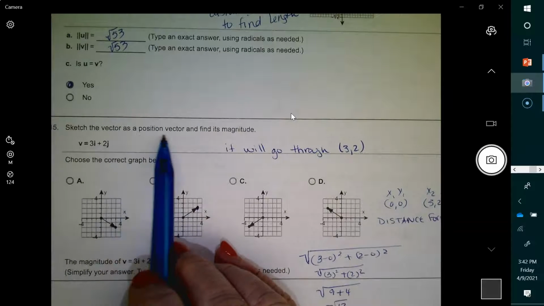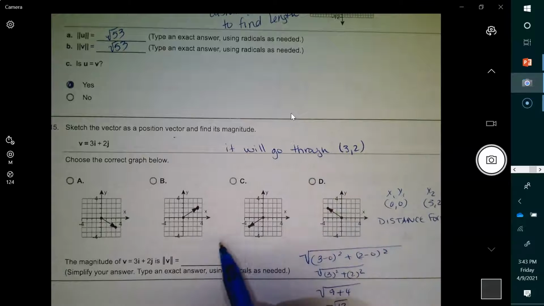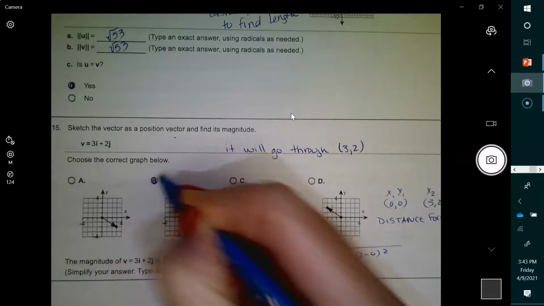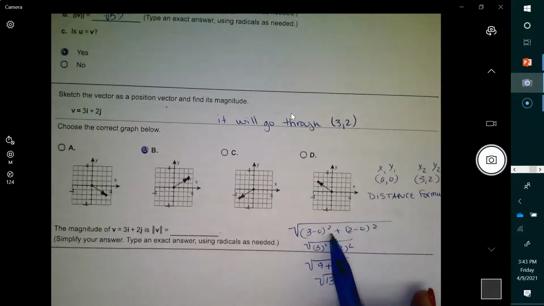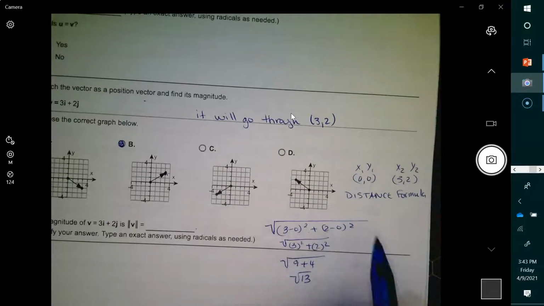Sketch the vector as a position vector. It's going to go through the point (3, 2). So I went to (3, 2) on my graph, and there it is. Then the magnitude: here's the formula for the magnitude. It goes through (0, 0) and (3, 2), and I just plugged that into that formula, and I got the square root of 13.